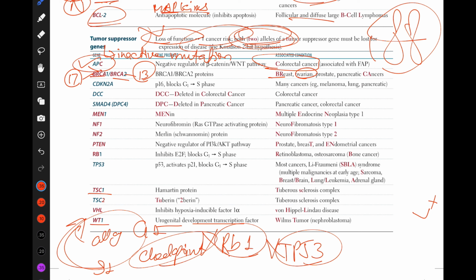One thing I want to tell you, RB1 is present on chromosome number 13 and TP53 on 17, and both of these block the G1 to S phase checkpoint.